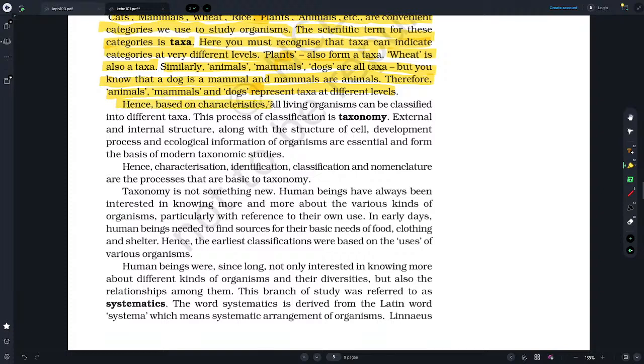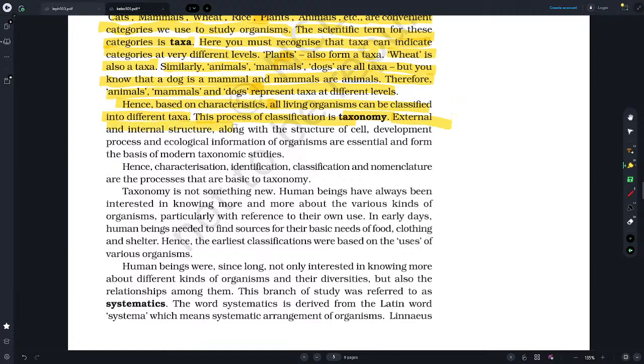Hence, based on characteristics, all living organisms can be classified into different taxa. This process of classification is called taxonomy. Classification is the grouping or categorization of all the organisms to study them easily, whereas the process of classifying the organisms into various taxa or individual categories is what we call taxonomy.